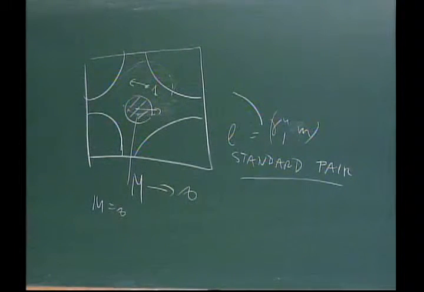They decomposed the whole phase space into families of standard pairs. This is what they call a proper family of standard pairs. And what they had to show is that an incoming proper family of standard pairs goes into a proper family after one collision. Collision is a drastic interaction, I repeat, so that's the difficulty.